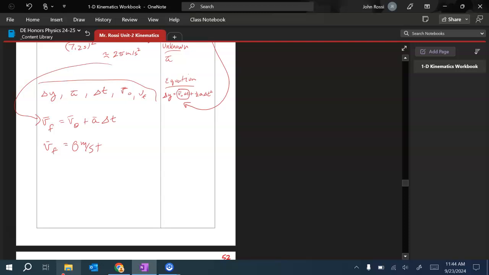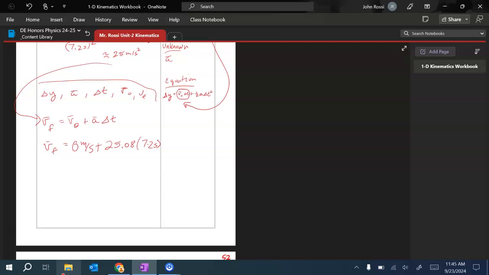And we know the acceleration that we calculated. So our answers might vary. You could use 25. You could use 25.08 times the time, 7.2 seconds.